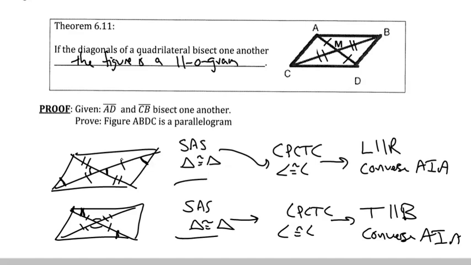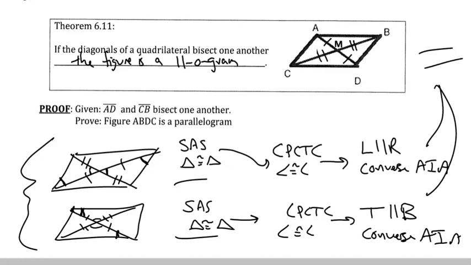So you basically have to work with two different pairs of triangles. And that is the logical reasoning, which is backed up by theorems. So it works. And then once again, that would finish by saying it's a parallelogram by definition of a parallelogram, because now you know it has two pairs of parallel sides. All right, let's finish this puppy up.